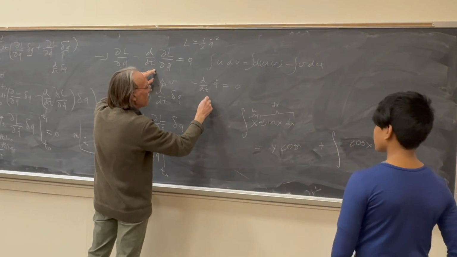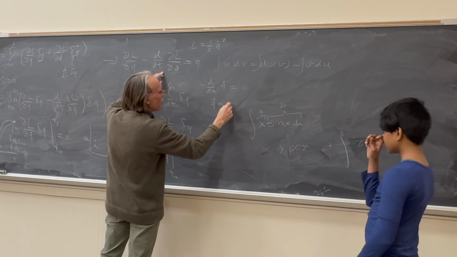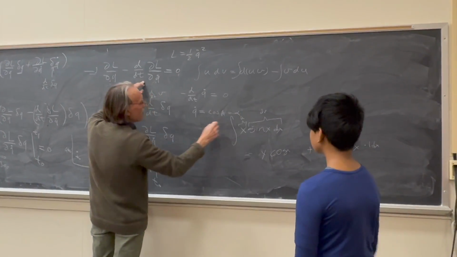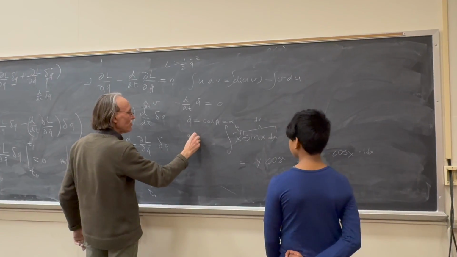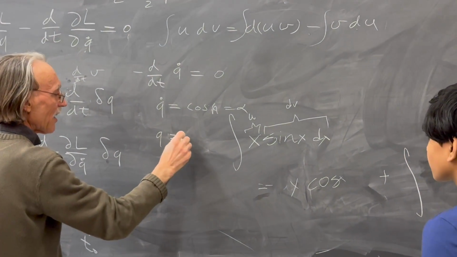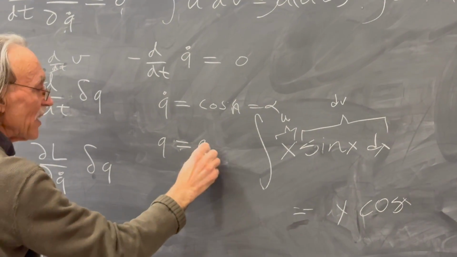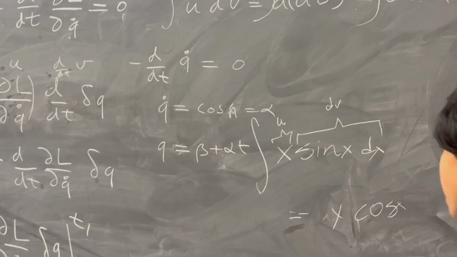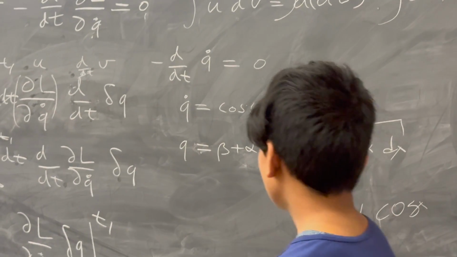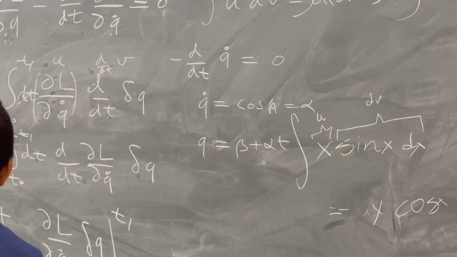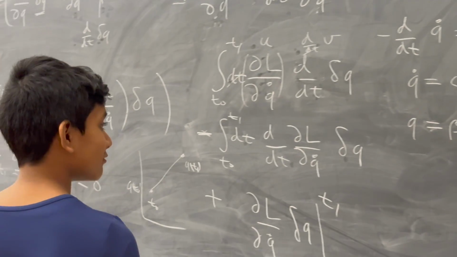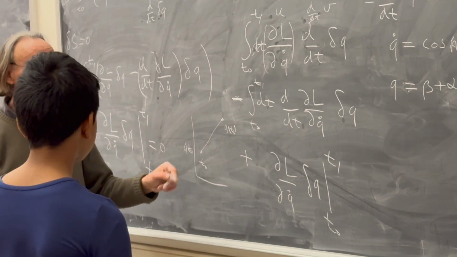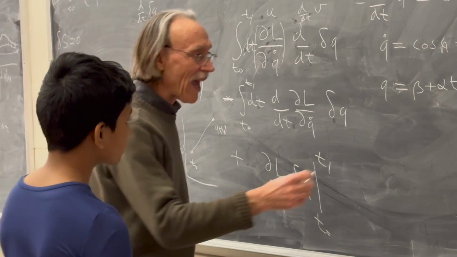And that means that q dot is constant, say alpha, and that means that q is say beta plus alpha times t. So indeed, you get the solution which we thought it would be. And the alpha and beta are determined by the values here. So you can also do that.